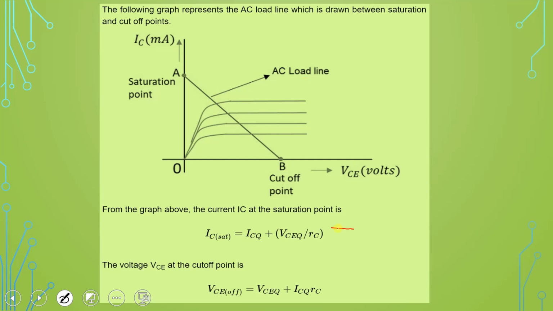From these equations. This is the saturation current, IC saturation, this is the A point, and this is the cutoff point, B point. So these are the equations for the saturation point and cutoff point.